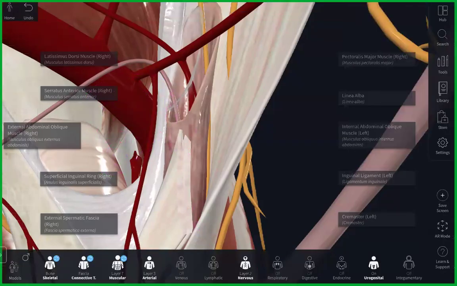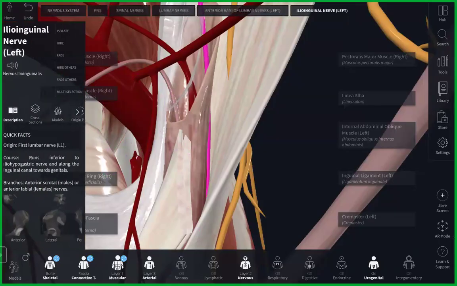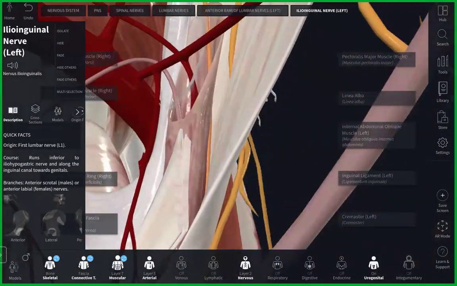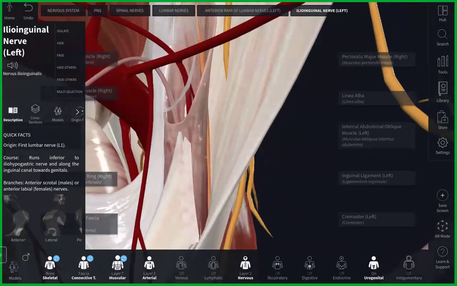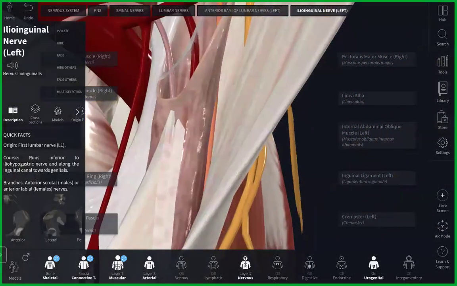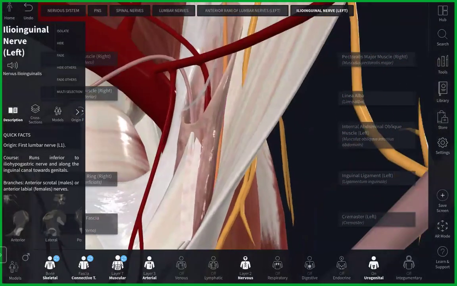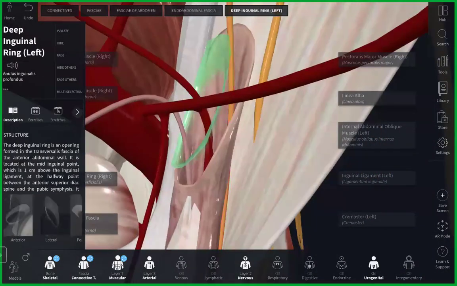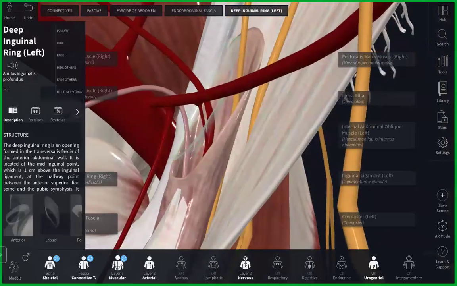Okay, then you can see a nerve inside abdomen, but this is the deep inguinal ring. This is not entering the deep inguinal ring.